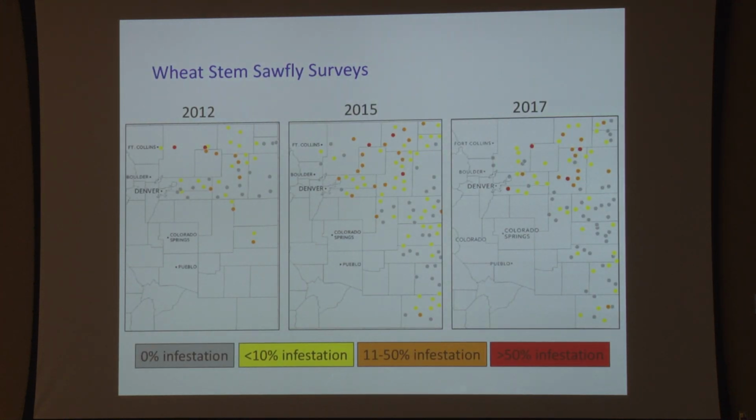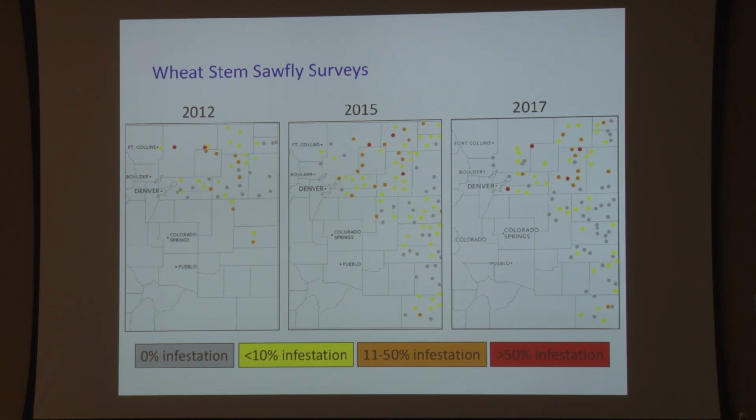These are results of the sawfly surveys. The epicenter seems like it's around New Raymer in Weld County, which is where one of those orange dots is in 2012. And it's continued to be a very bad problem there, but it has spread every year.